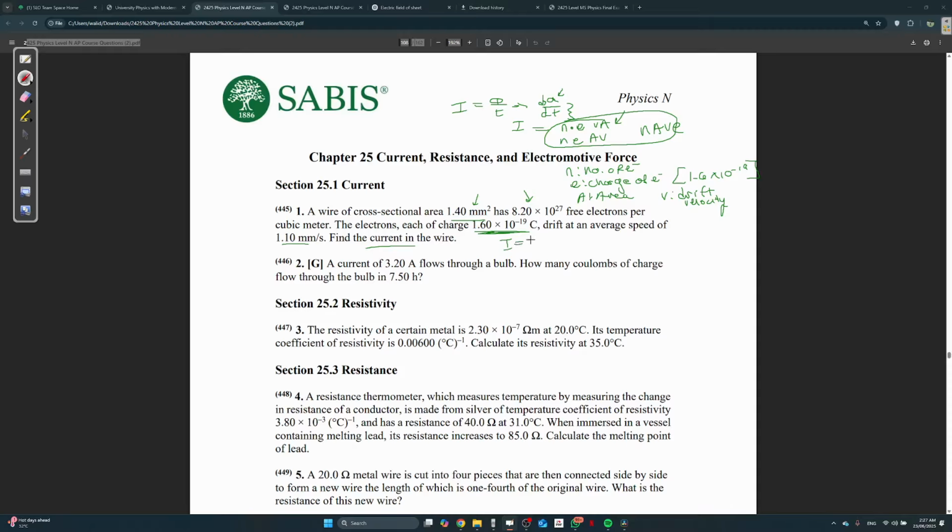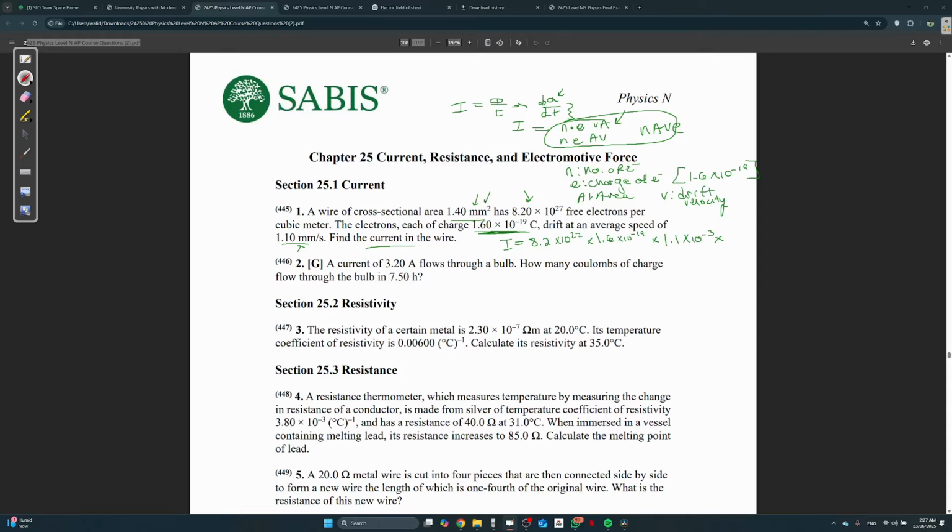So I is equal to N, which is 8.2 times 10 to the 27, times the charge of the electron, 1.6 times 10 to the negative 19. V is the drift velocity, which is 1.1, but we need to multiply it by 10 to the minus 3 because it's in milli.